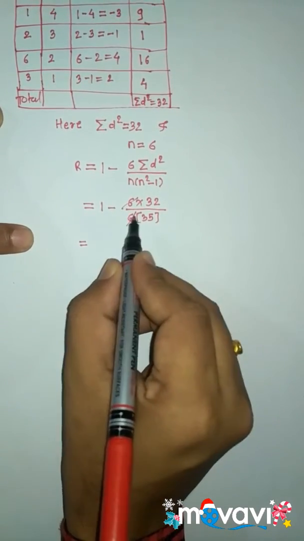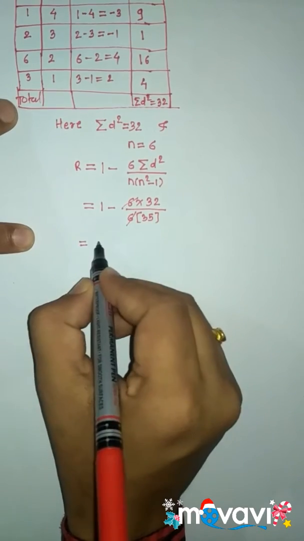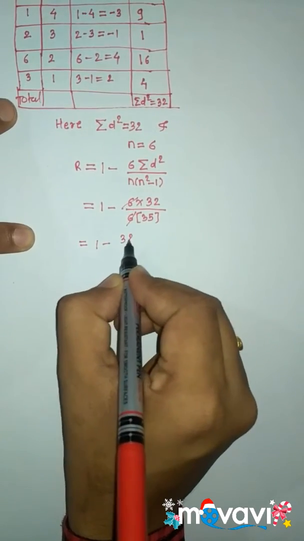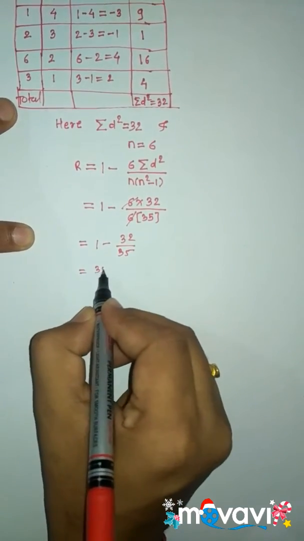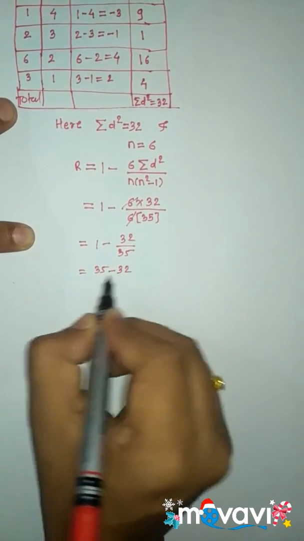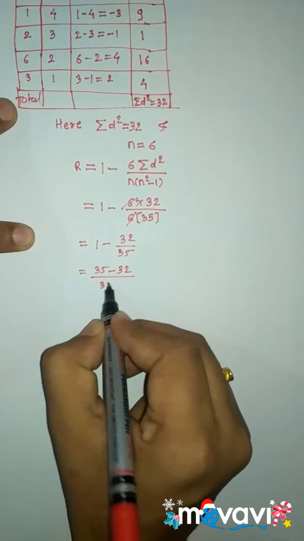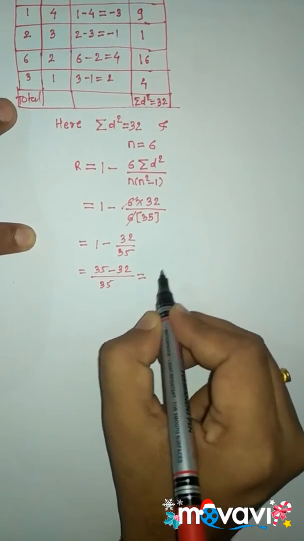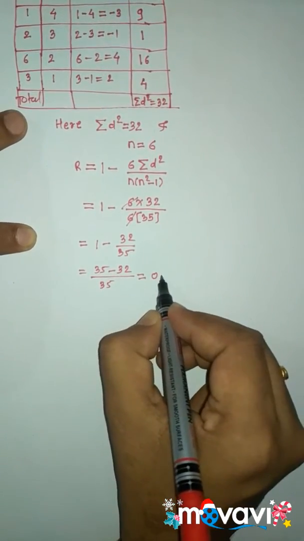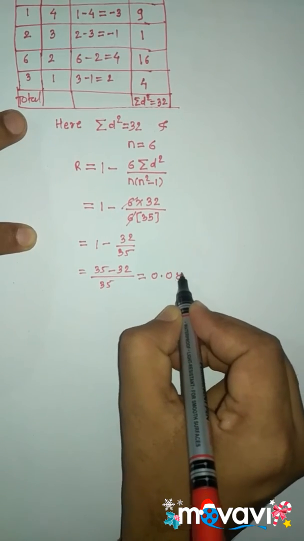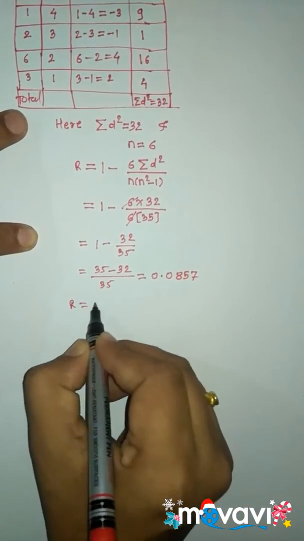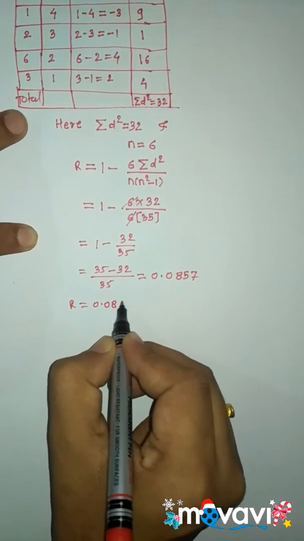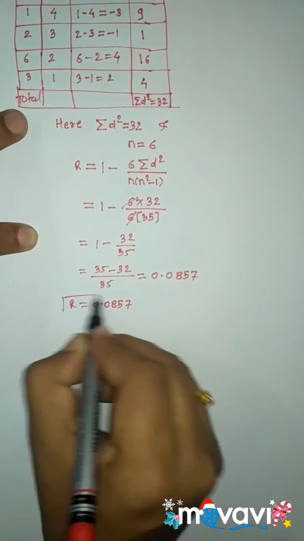So 1 minus 32 upon 35, which is equal to 35 minus 32 upon 35, and if we solve this we get the final answer 0.0857. So the value of R is 0.0857. So this is our final answer.